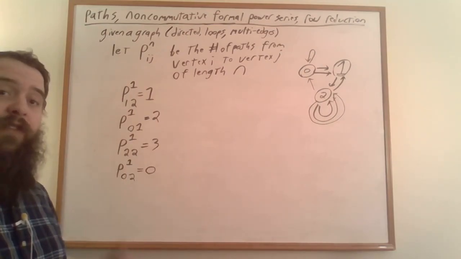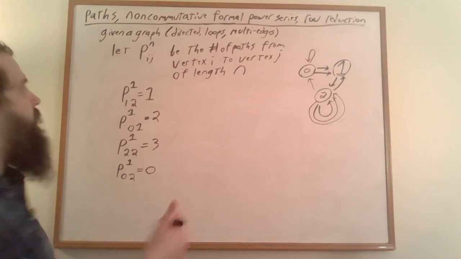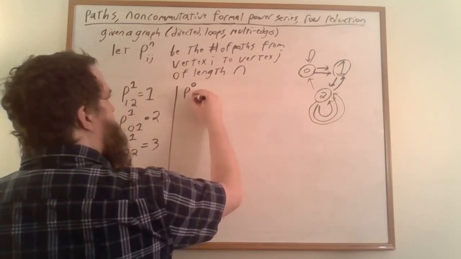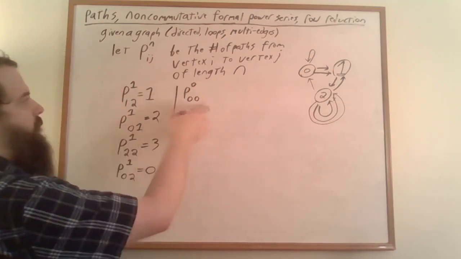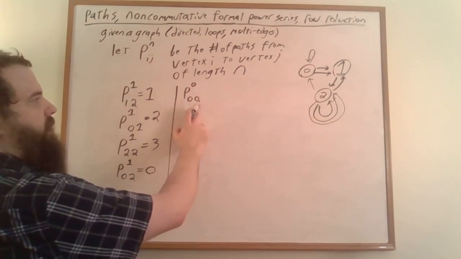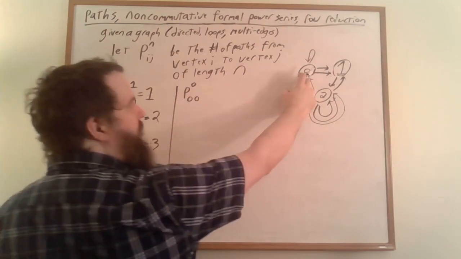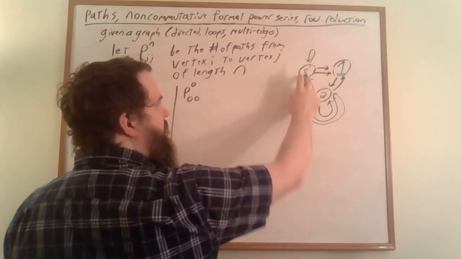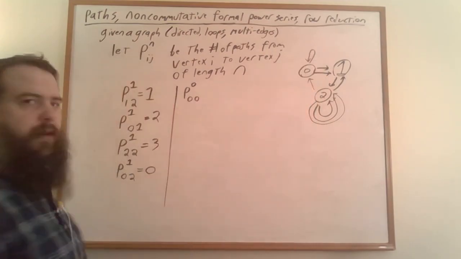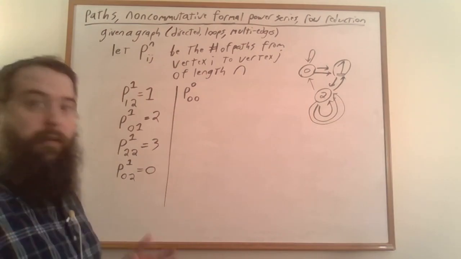As a mathematician, it's always fun to consider what happens in the 0 case. So if we're interested in paths of length 0, let's say we're trying to count the number of paths of length 0 from vertex 0 to vertex 0. There is a path of length 1 going from 0 to 0 along this edge here. But a path of length 0 doesn't go along any edges. Essentially, you're just staying put.